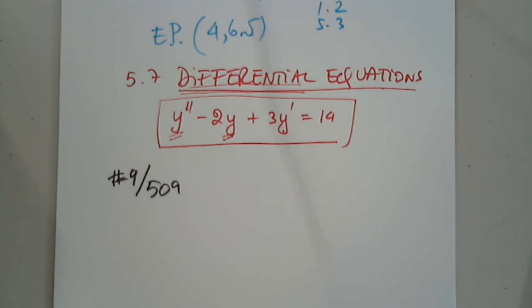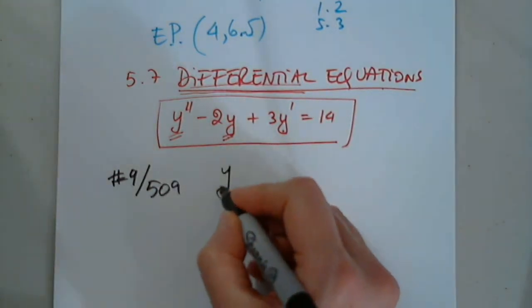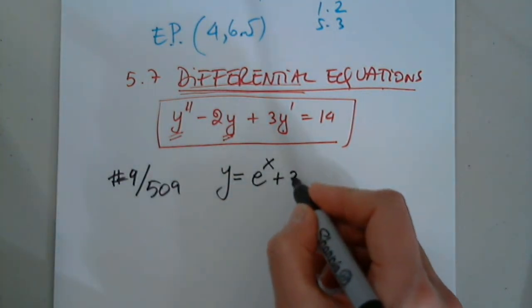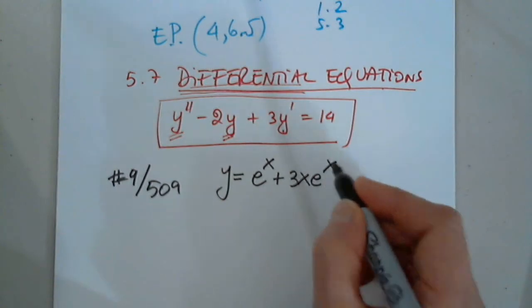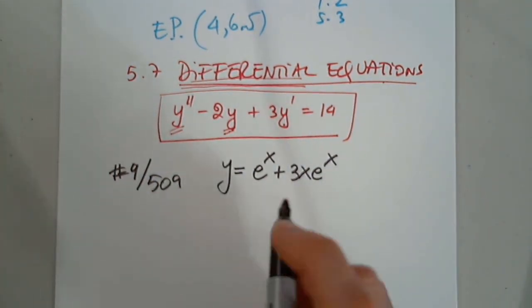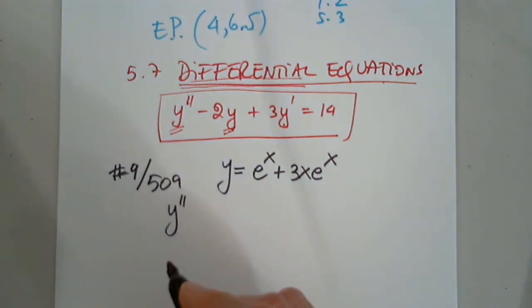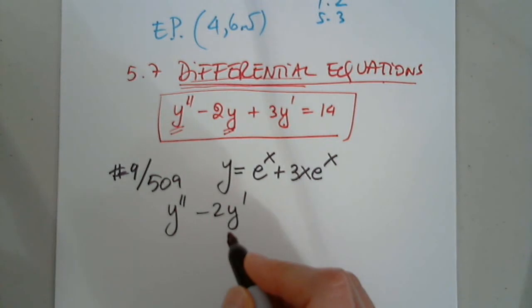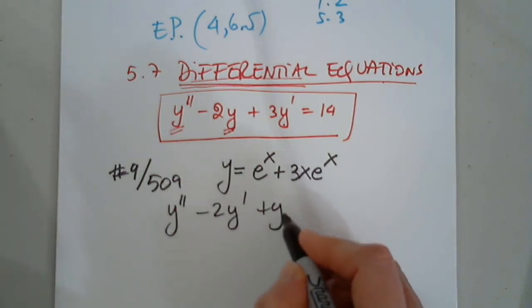Show that y equals e to the x plus 3x e to the x is a solution of the differential equation y double prime minus 2y prime plus y equals 0.